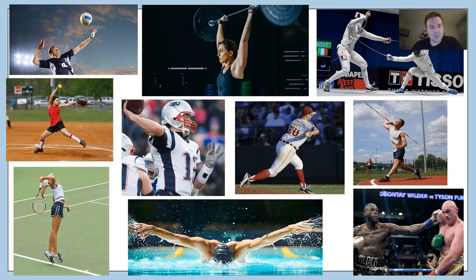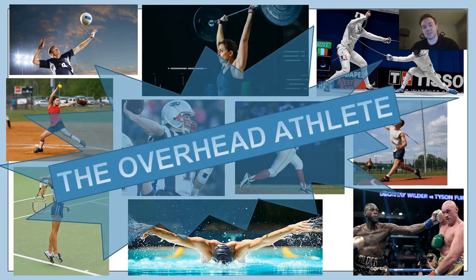But for the majority of this class, we'll be talking about baseball players because they're just the most common. There's millions of youth and collegiate baseball players, and it's probably what you'll see the most of because you compare baseball to these other overhead sports.